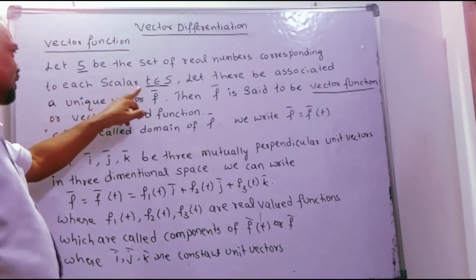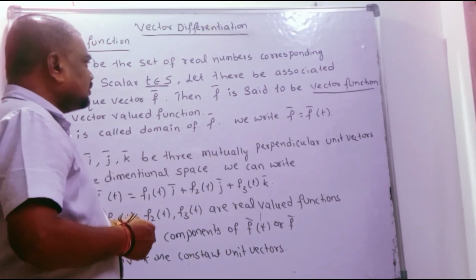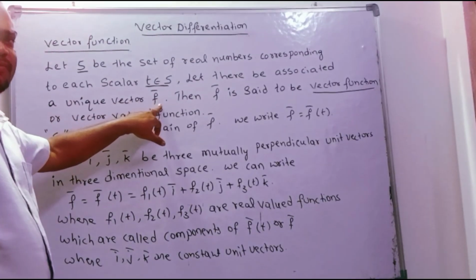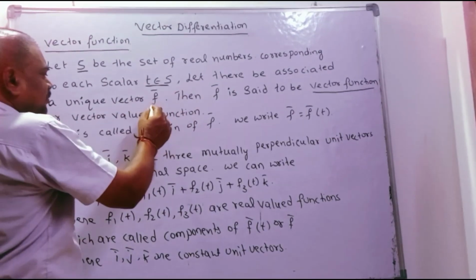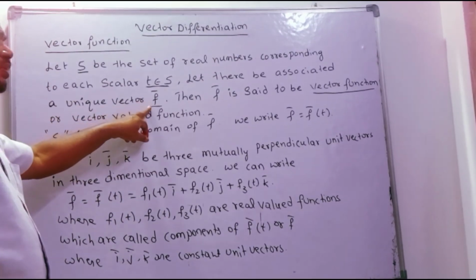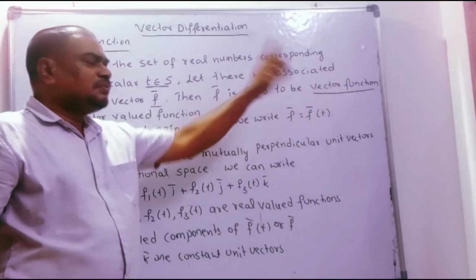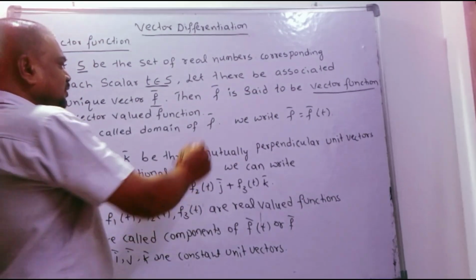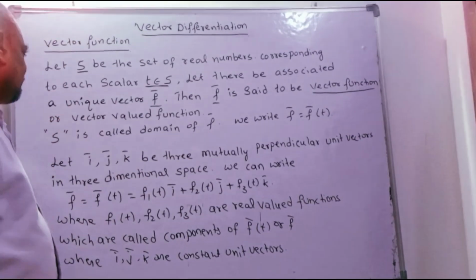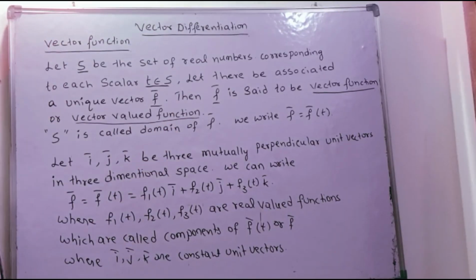Corresponding to each scalar t belongs to S, let there be associated a unique vector F bar. Then F bar is said to be a vector function or vector valued function.